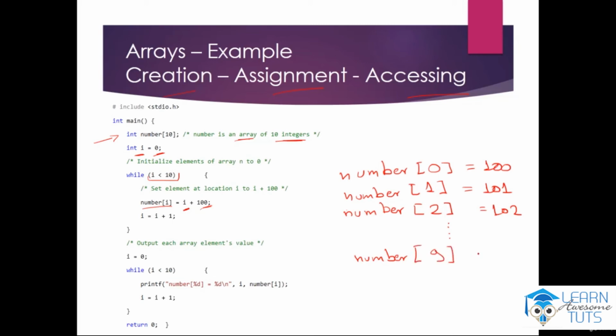So number[9] will be 109. So these will be the stored values, and these values are printed there.